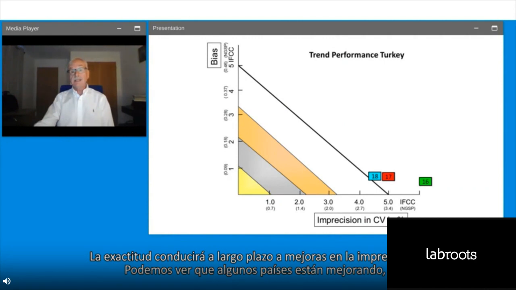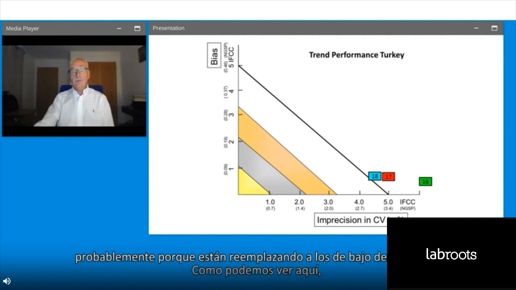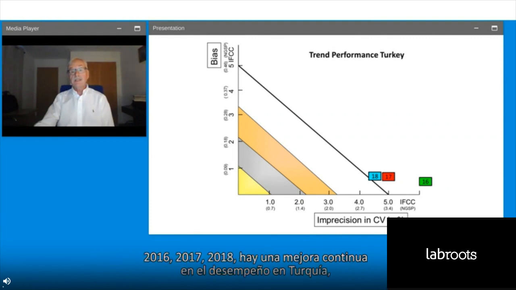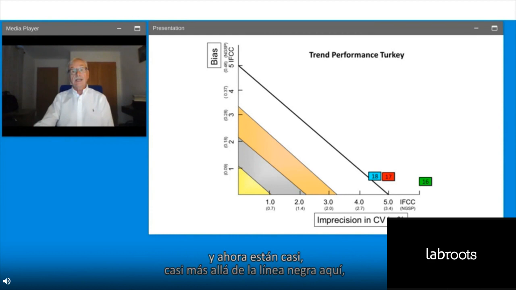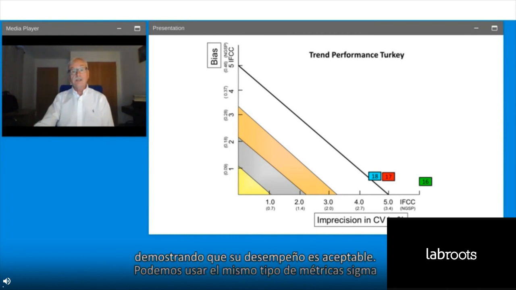You can see that some countries are improving, probably because they're replacing poor performance. You can see here between 2016, 2017, 2018, there's been continual improvement in the performance in Turkey. And now they're almost beyond the black line here, showing that the performance is acceptable.